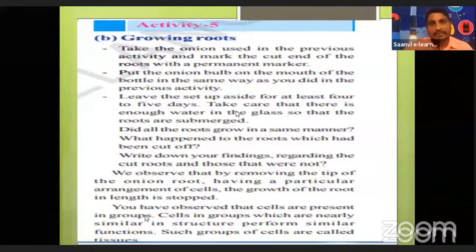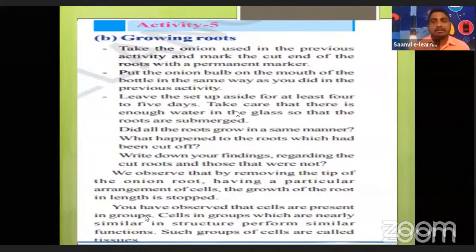If sister, mother, brothers are there, then we can see division of labor, because you will do one work. You can bring water, or your mother will do some work, your sister will do some other work. Like that, you can divide yourselves. So we can see division of labor in multicellular. But in single cell, like unicellular, there is no division of labor, because a single cell only can perform all the functions.